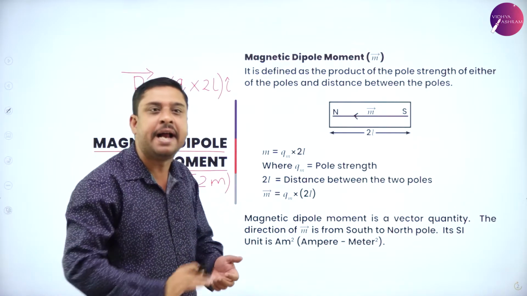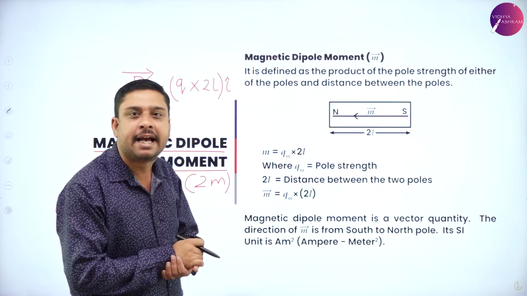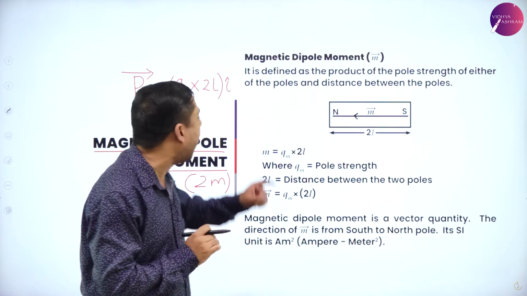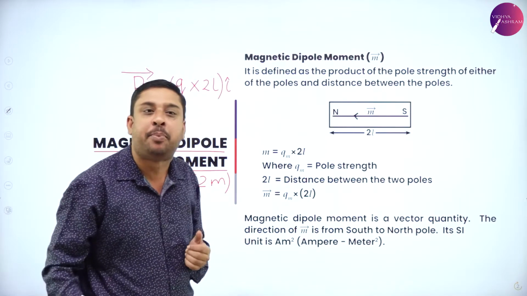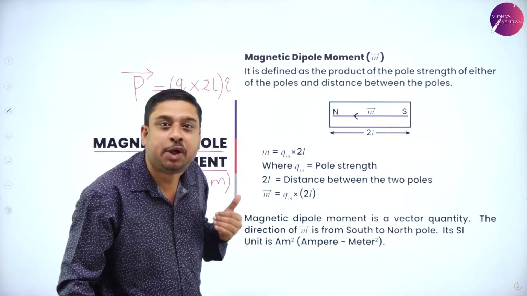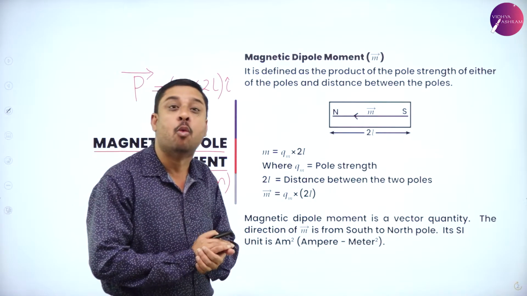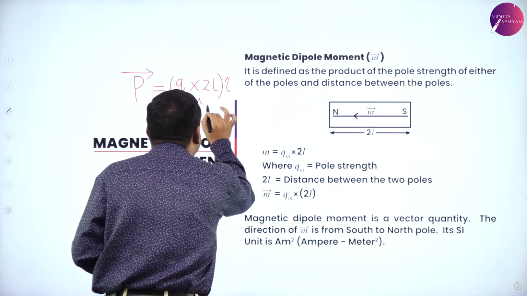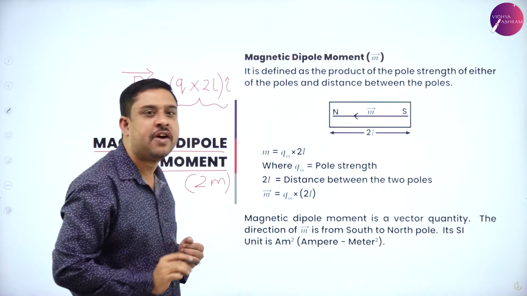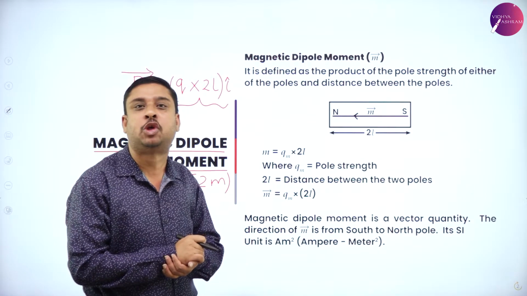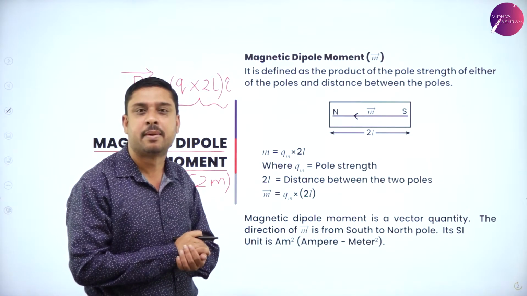And we defined electric dipole moment as the product of the magnitude of one of the charges and the distance of separation between the two charges.